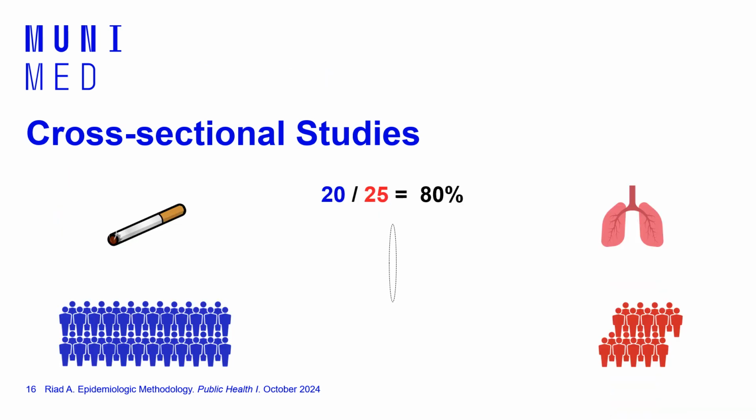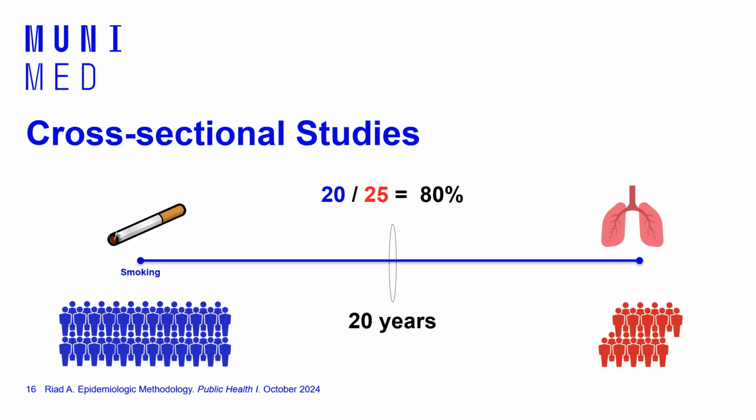So there are 2 different types of cross-sectional studies, but before we jump to the 2 types, let's consider the interaction between the real world and cross-sectional studies. The real world has a very lengthy process for smokers to turn into lung cancer patients.